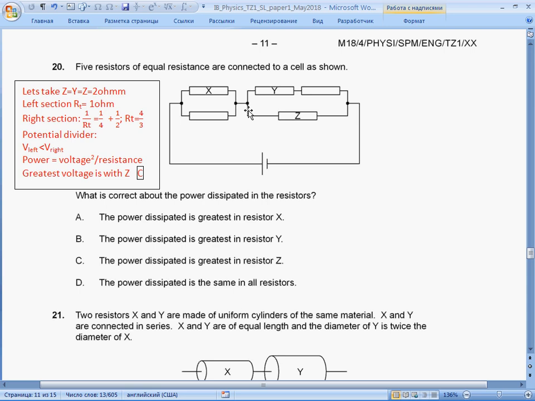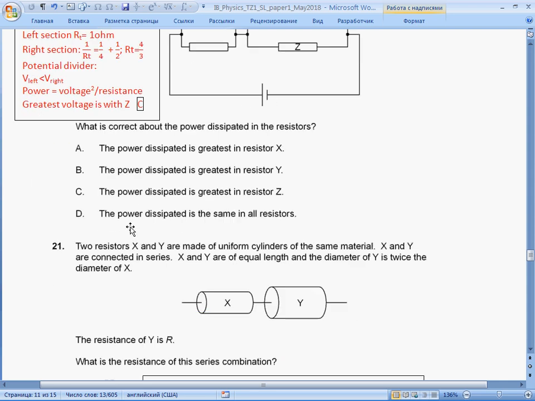So actually we have a potential divider, and the right part gets more voltage than the left part. It means that voltage on Z will be greater than on X, and voltage on Z will be greater than on Y. So if power is voltage squared over resistance, the greatest voltage will be and power will be on Z. So answer C.